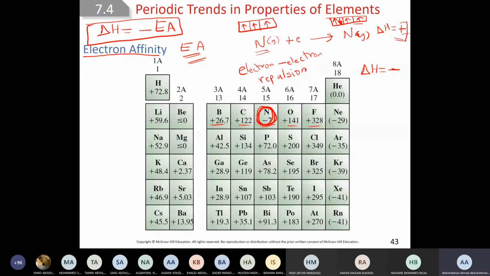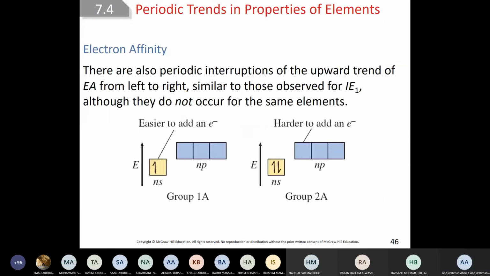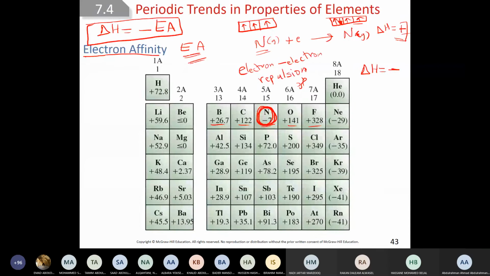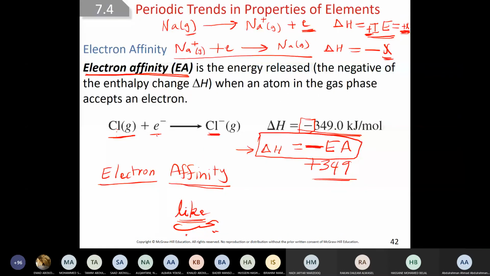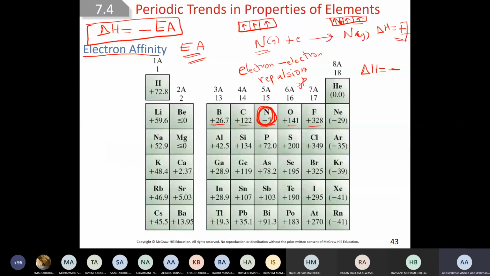Repulsion. Also, let's look at electron affinity for lithium and Be.